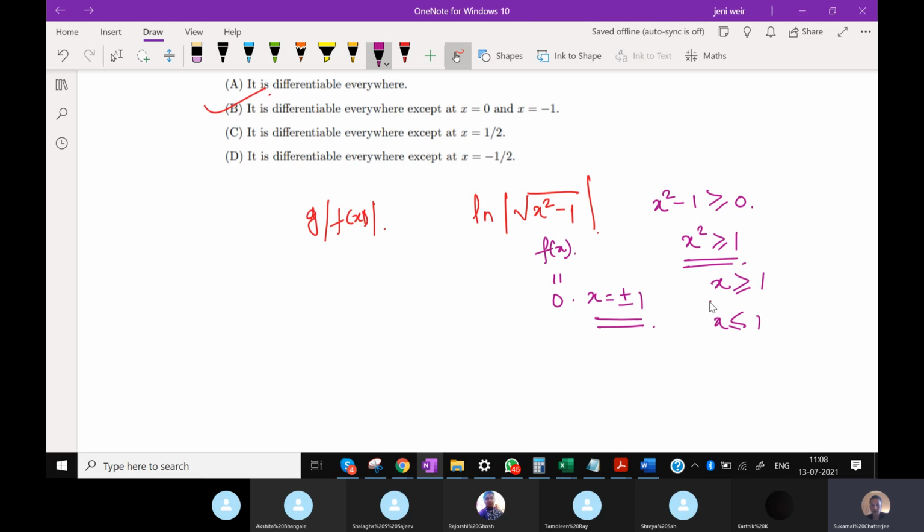So it has to be either greater than or equal to 1 or less than or equal to minus 1, right? So x will not exist in the range of minus 1 to 1. So that means the function will be discontinuous at x equal to plus or minus 1. So this is another type of adaptation of the concept of a mod function. Okay.